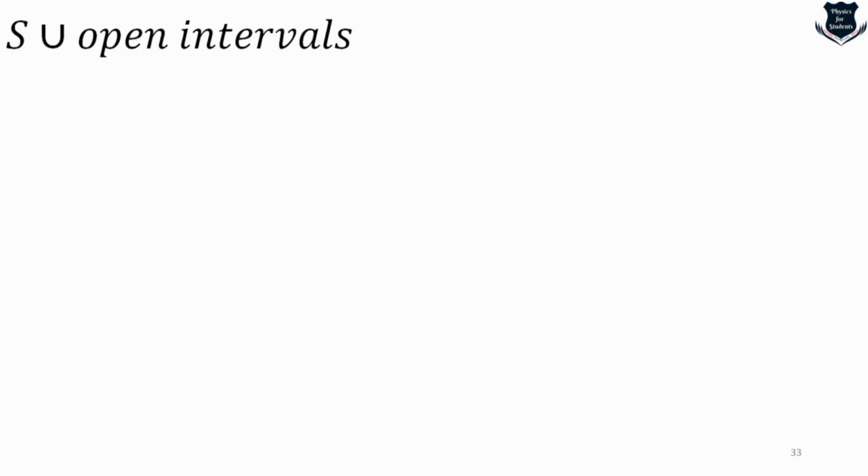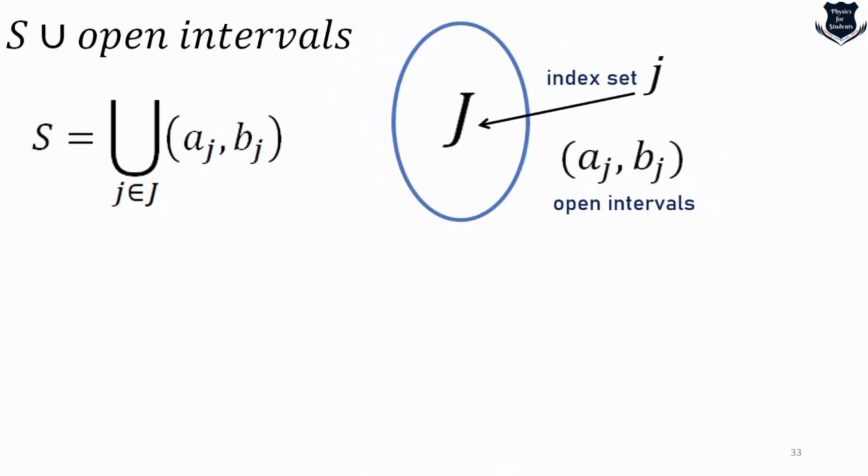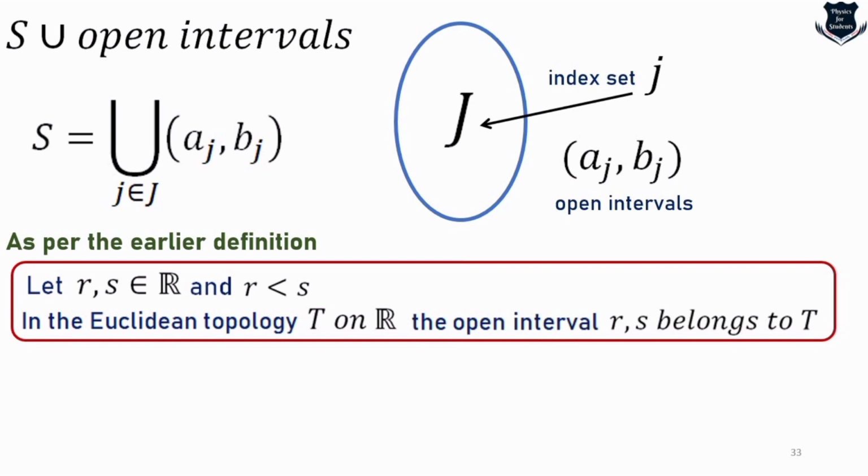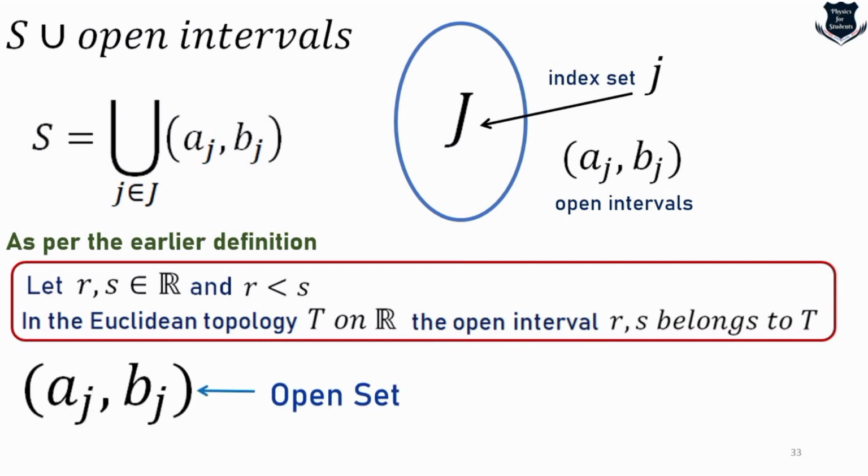Now we assume that S is a union of open intervals. That is, there exist open intervals. We take the indexing j, which belongs to the index set J, and a_j and b_j are the open intervals. As per the earlier definition, these would belong to T, and we get each as an open set.